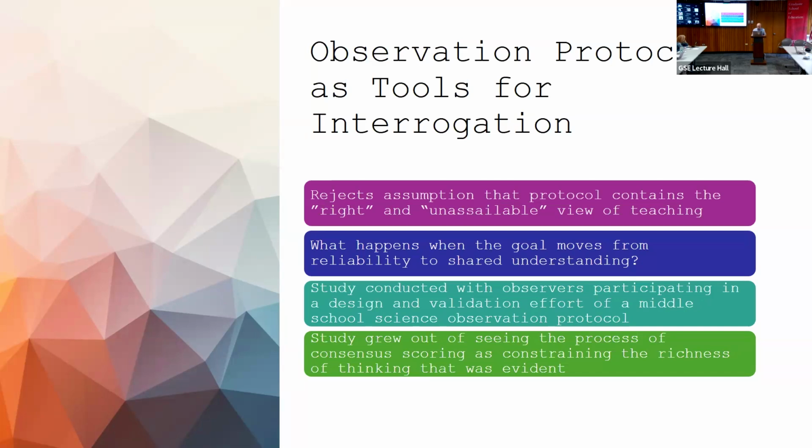But we challenged that and said, no, that's not it. We don't want to do the consensus score because during these consensus scores, we discovered a lot of richness of thinking that these people were exchanging, and we kind of pushed that aside because we're pursuing the reliability goal.